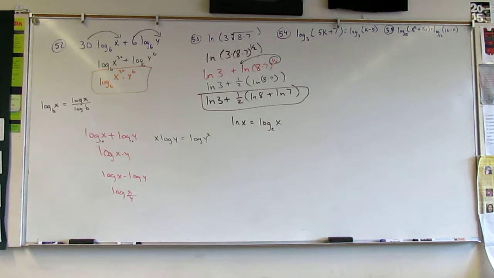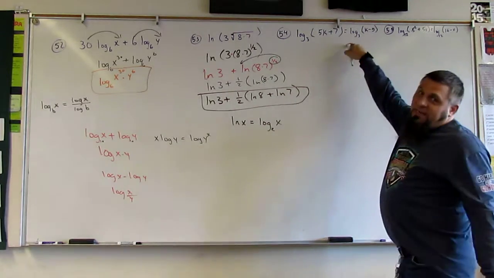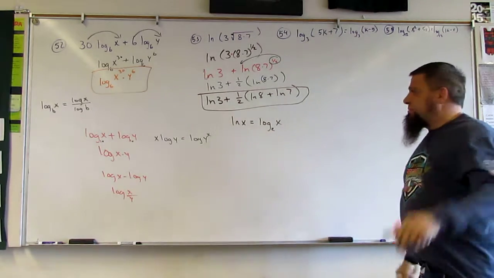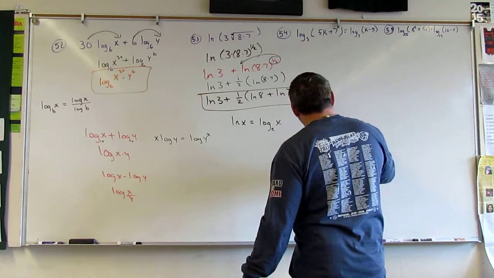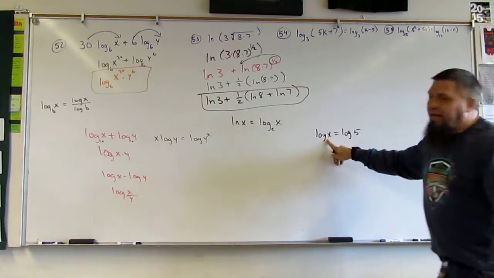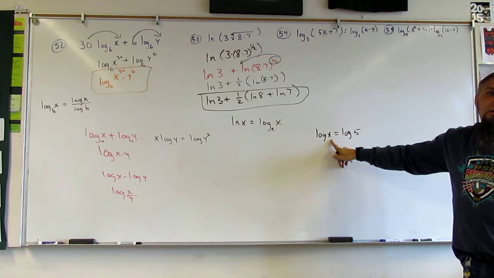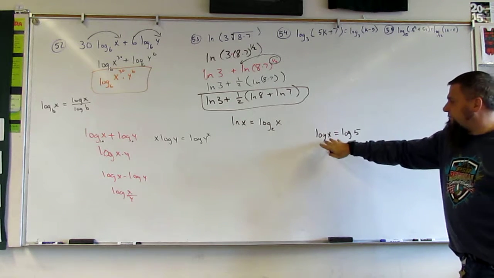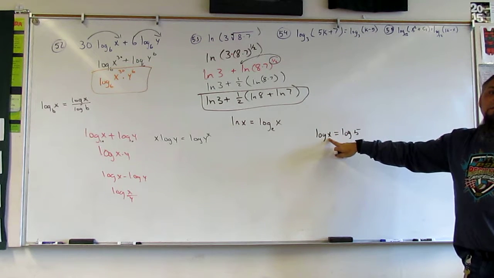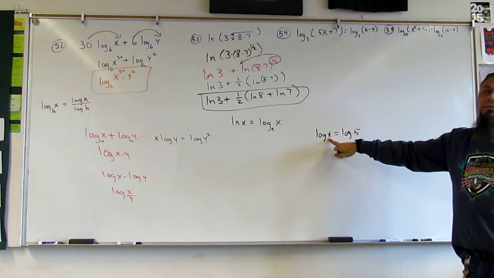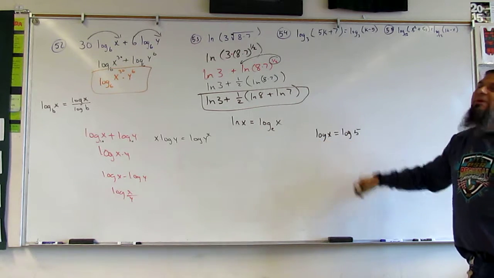All right, I'm going to ask you a really easy question. If I have the log of x and it equals the log of 5, what does x have to be? If I have the log of x and it equals the log of 5, what is x? 5.